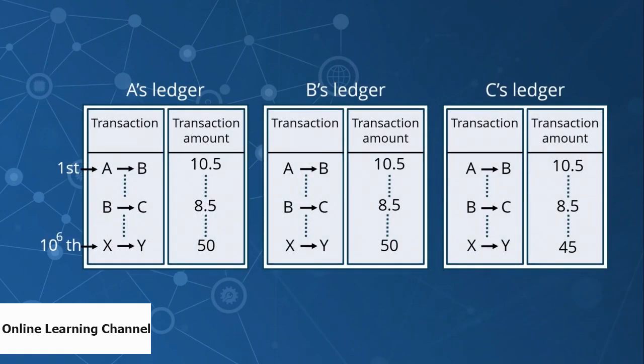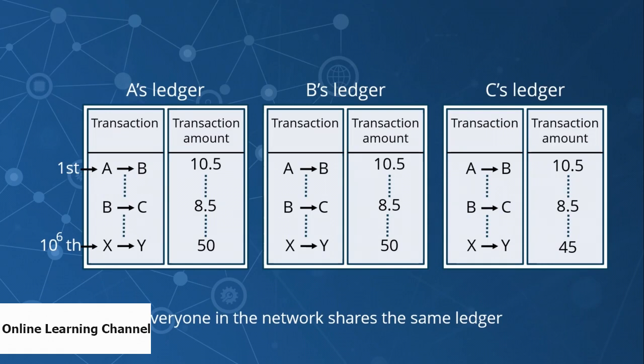And we know that a distributed ledger means that everyone in the network shares the same ledger and are collectively responsible for its maintenance. So we have 3 copies of the ledger here, one for each of the 3 participants. You will see that the ledger consists of about 1 million transactions, and that for every transaction there is a sender, a recipient, and a transaction amount.